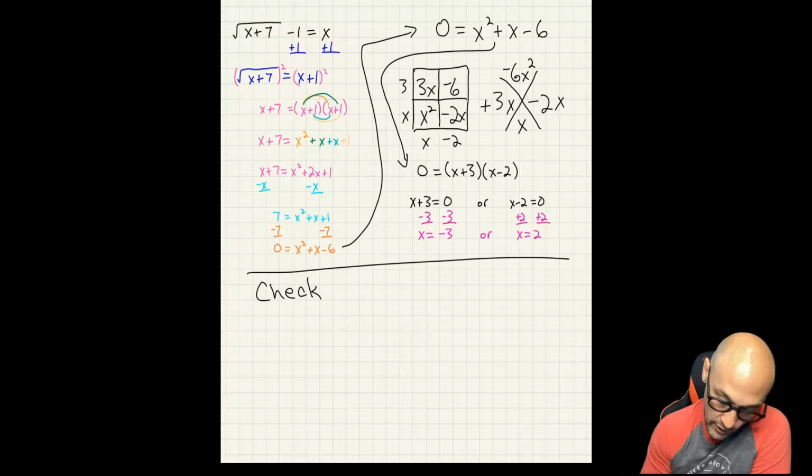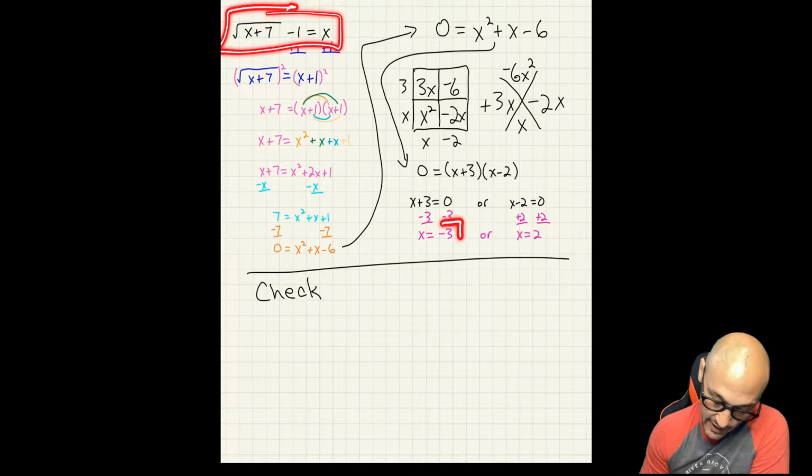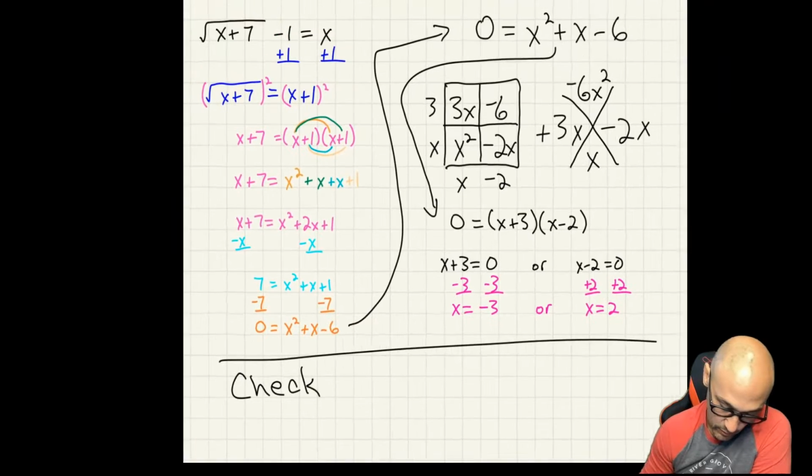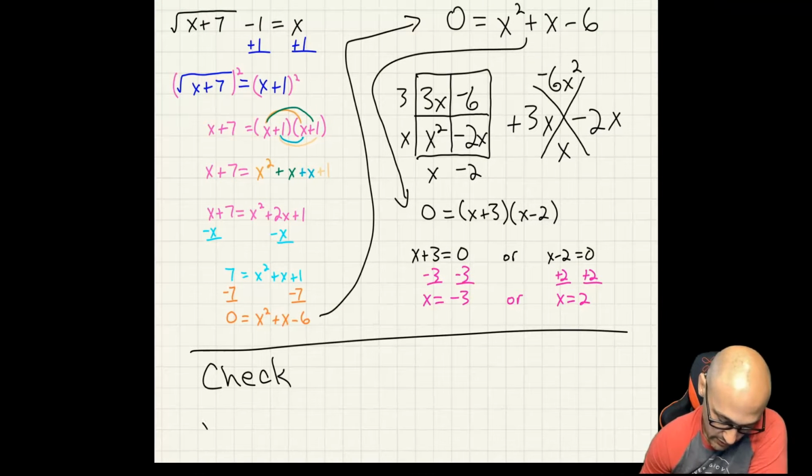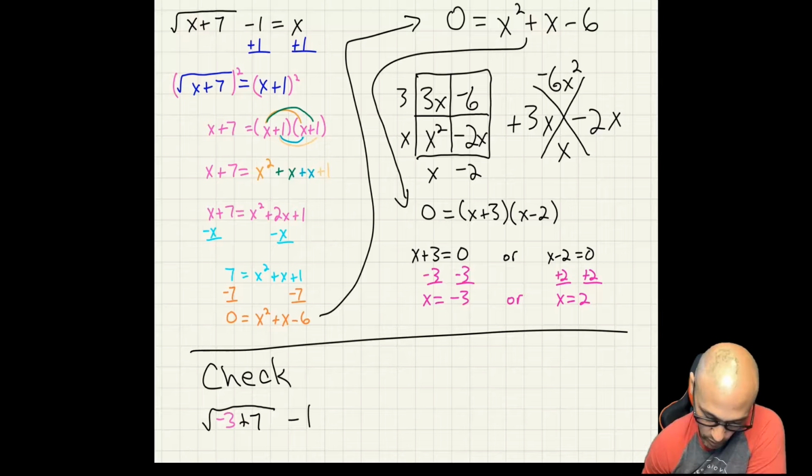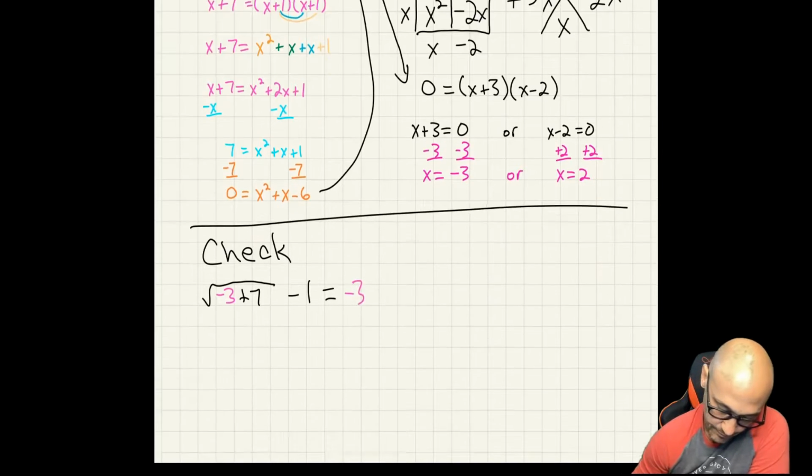So first, we're going to use our original equation, and we're going to plug in negative 3 for x. So let's see, we have the square root of x plus 7 minus 1 is equal to x, and x is negative 3.